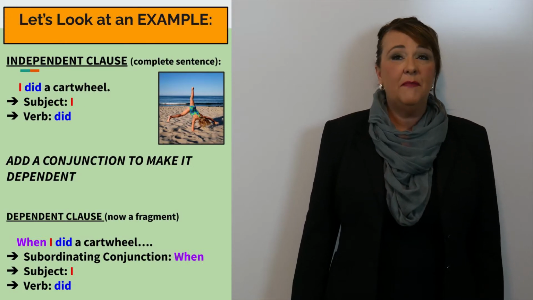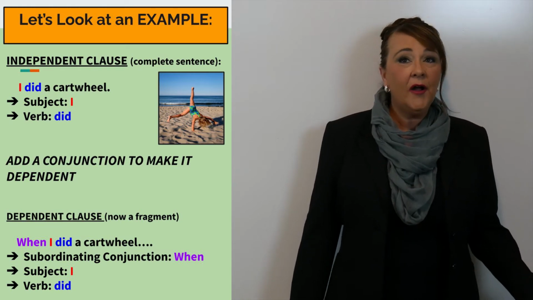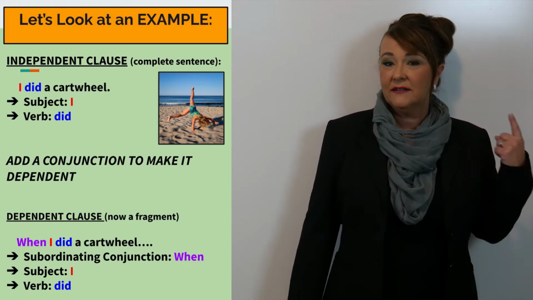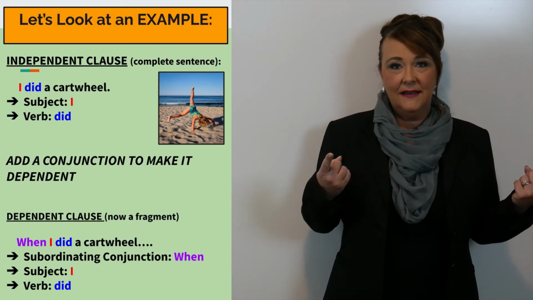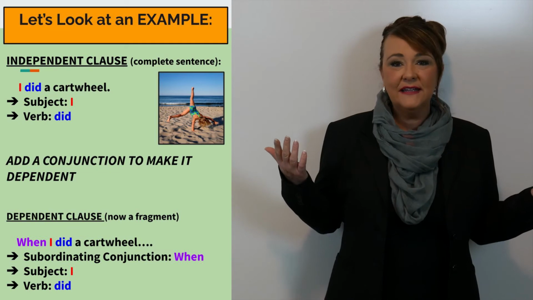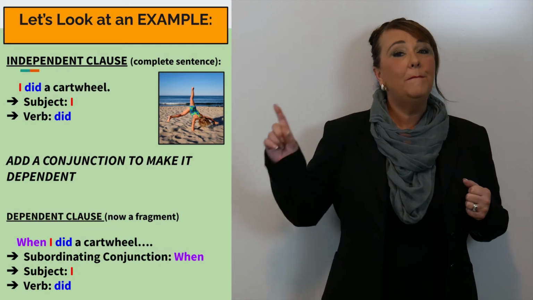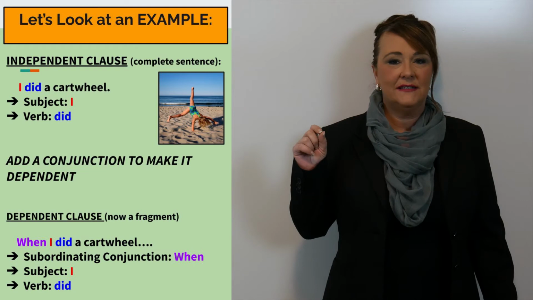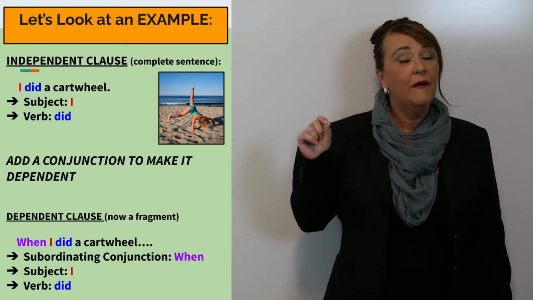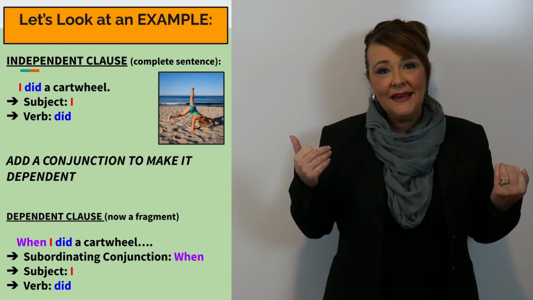Let's look at an example. Here we have an independent clause, which is a complete sentence. I did a cartwheel. We have a subject, I, and we have a verb or a predicate, did. That is a complete sentence, a simple sentence, an independent clause. But when I add a conjunction to the beginning of the sentence, I change it from a complete independent clause to a dependent clause.